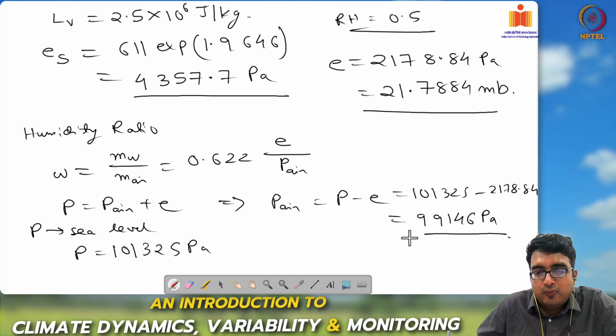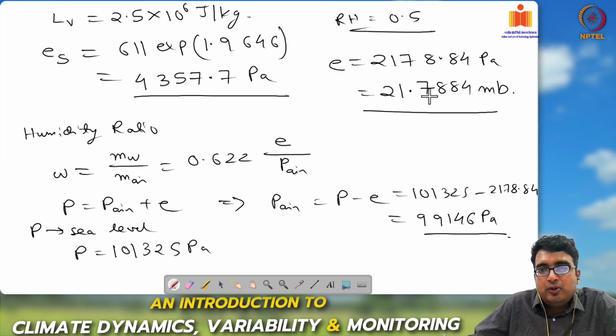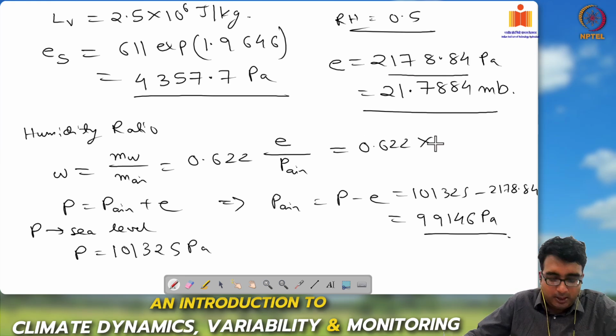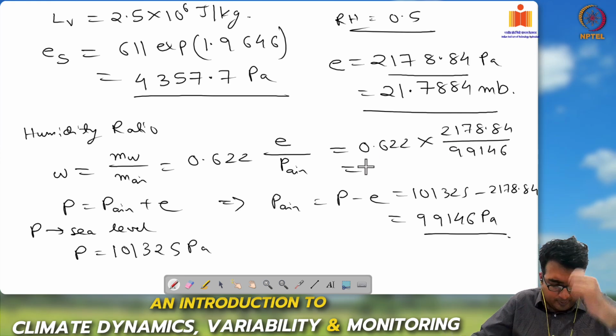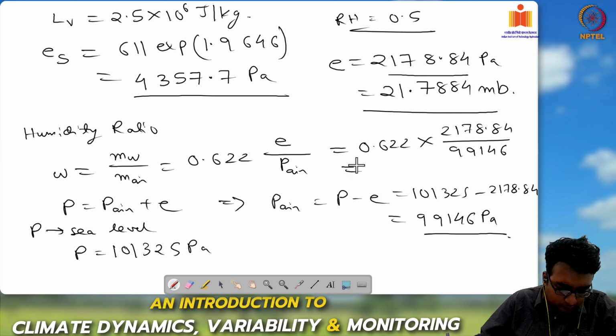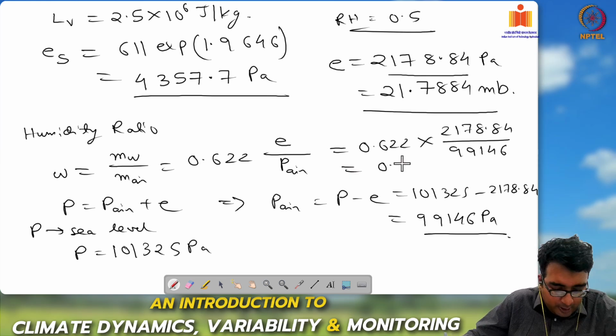Okay. So we know the P of dry air, we know the E values here. So this becomes equal to 0.622 into 2178.84 divided by 99146. So this becomes equal to 0.013669.